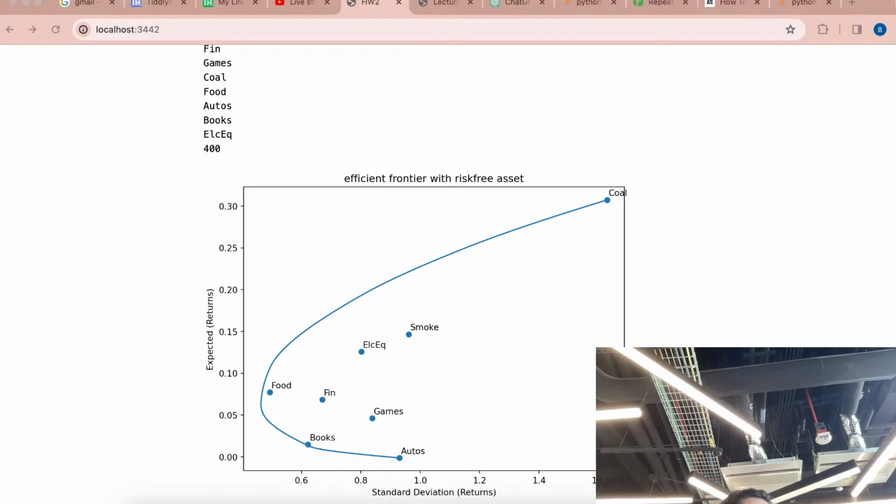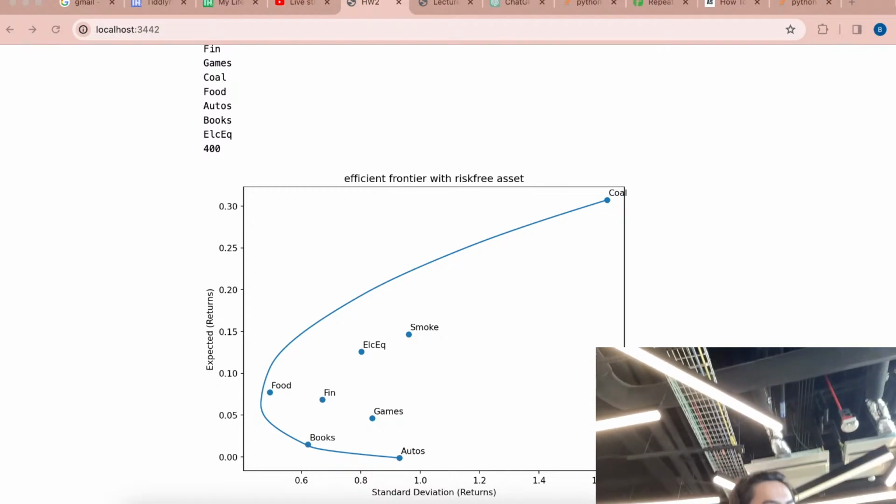I wonder if we make the bounds a little bit bigger, if this smooths out a little bit. I'm not 100% sure, but it's worth a shot.